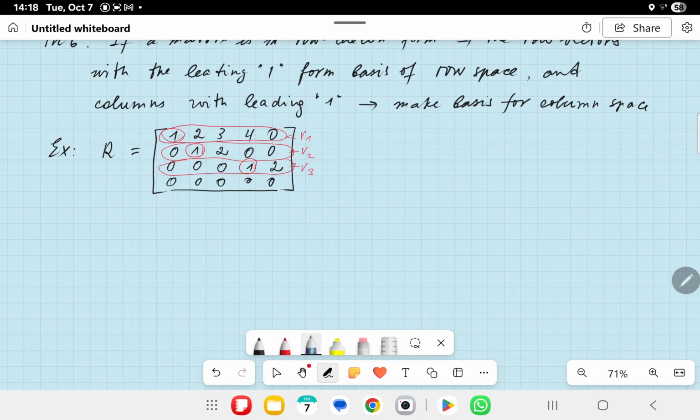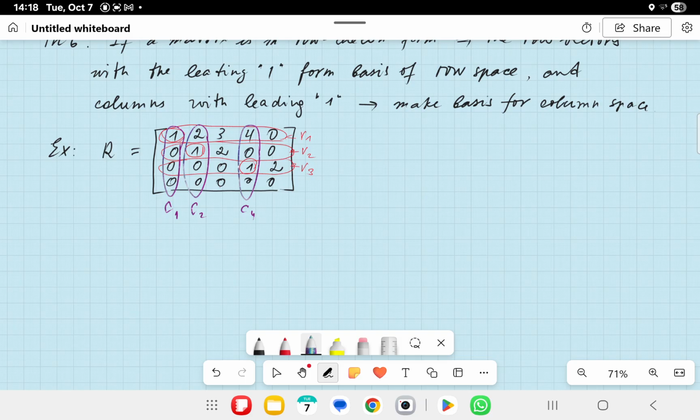For columns, we are going to have column number 1, right? Column number 2, linearly independent, and column number 4. Number 3 does not have a leading one. Number 5 does not have a leading one. So these 3 columns are going to be linearly independent.